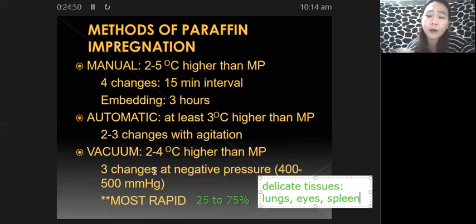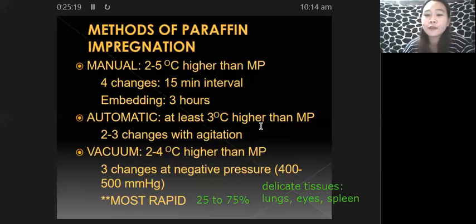If air bubbles are present in your tissue, it will not be infiltrated. That space occupied by air bubbles will not be infiltrated by paraffin, because air is not soluble in paraffin. If it is not soluble with the reagent, it will not be replaced. They have to be soluble.